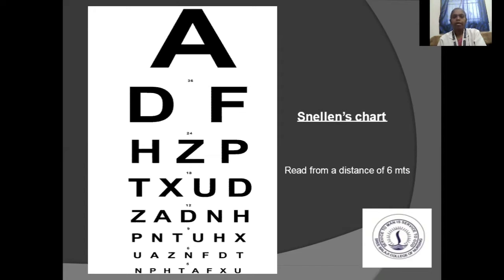Close one eye and ask the patient to read the letters, then repeat with the other eye. If they read from the top line to the bottom line, they have normal visual acuity. If they have any problem, we stop at that point and confirm what type of issue they have. So this chart is called the Snellen chart.